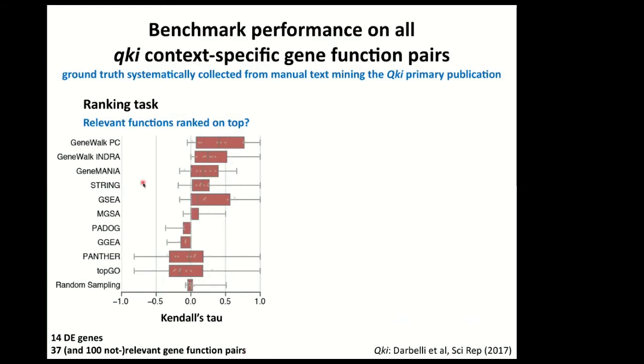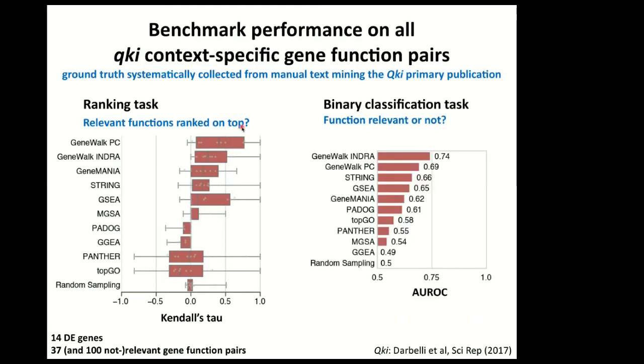We see that GeneWalk does best in this ranking task, which means: are the relevant functions ranked on top, versus the GO annotations that are not mentioned in the paper ranked near the bottom. And also for a binary classification task, is this function relevant or not, like, is it mentioned in the paper or not? Then GeneWalk also again does better.